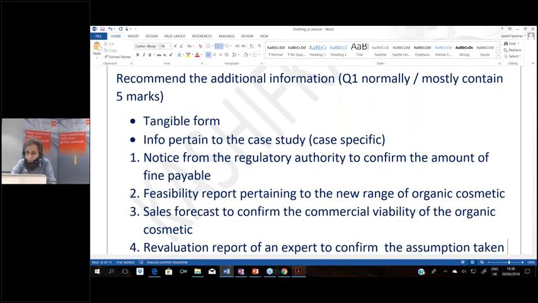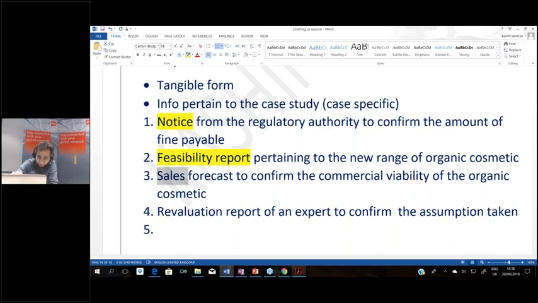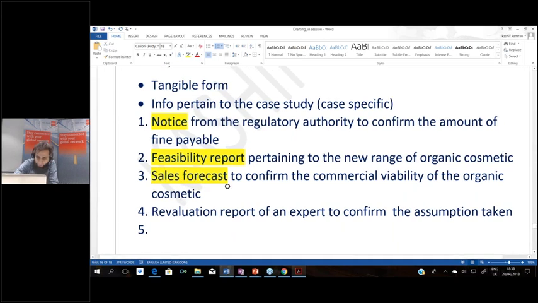And you continue. But see how I am starting the information? I'm starting the information from tangible: notice, feasibility report, sales forecast, revaluation report.